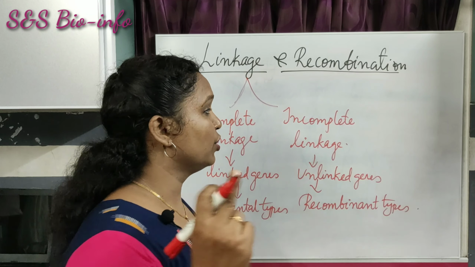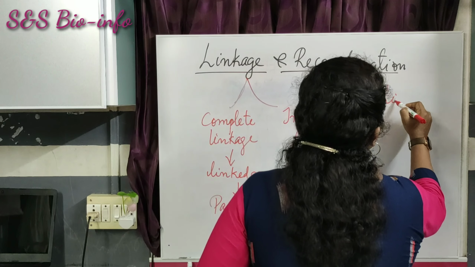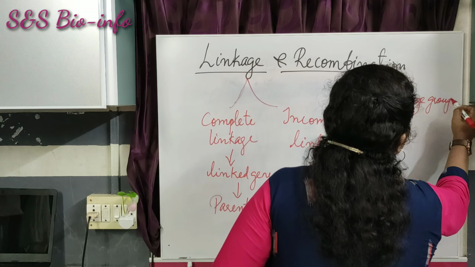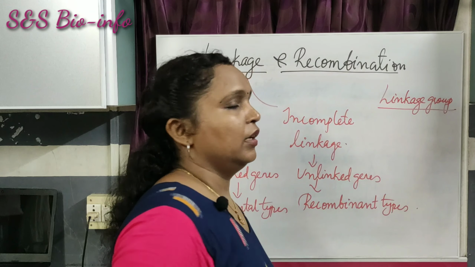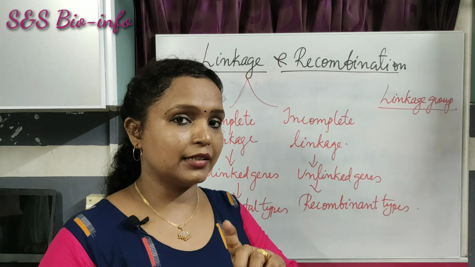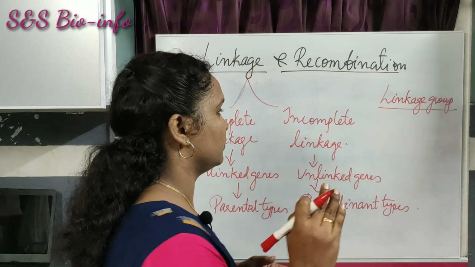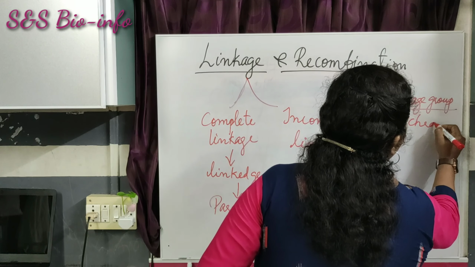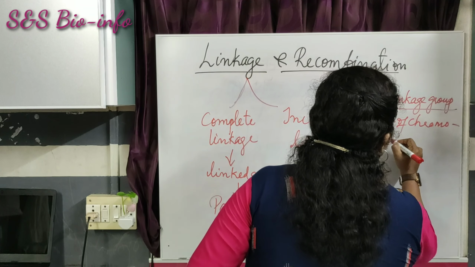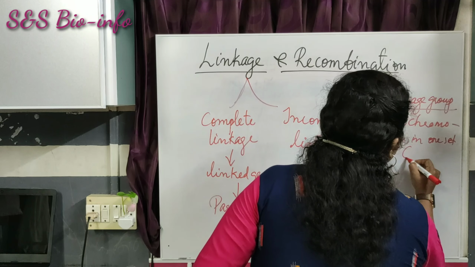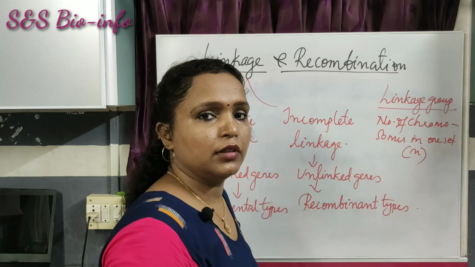The next is linkage group. Linkage group is the total number of chromosomes in one set, that is, n number of chromosomes.